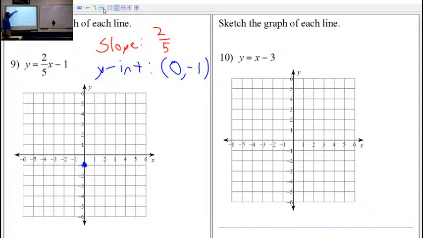This is change in y over change in x, don't forget. So change in y being positive 2 means we move up 2. Change in x being positive means we move to the right 5. Or to move the other way, we could go down 2 and to the left 5. Connect them. There's our line.